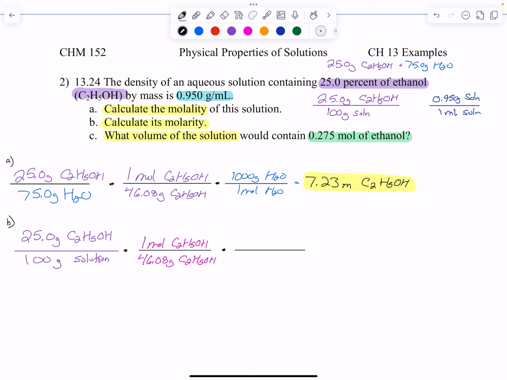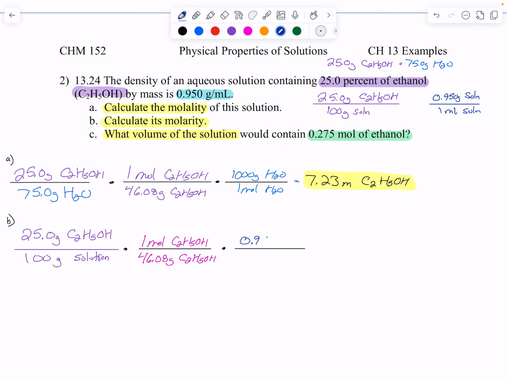And now I'm going to use the density. We know that there are 0.950 grams of solution per 1 milliliter of solution. And then we know 1,000 milliliters of solution is 1 liter. So now it looks like I got grams per liter. Or I'm sorry, moles per liter.